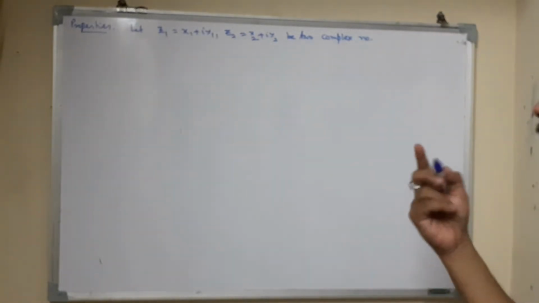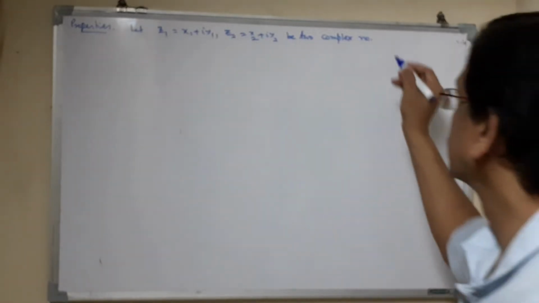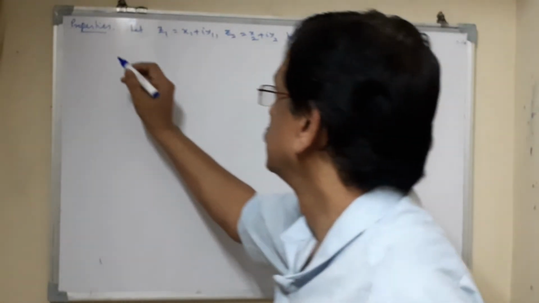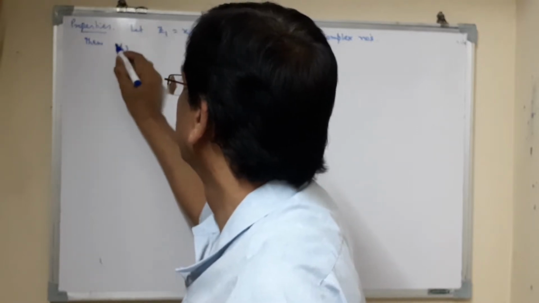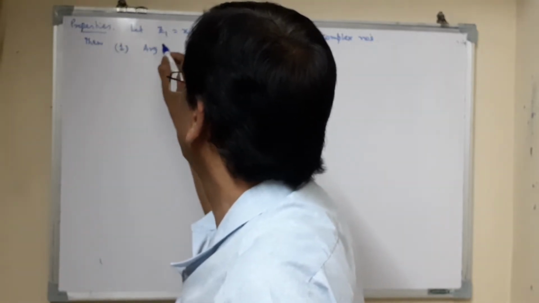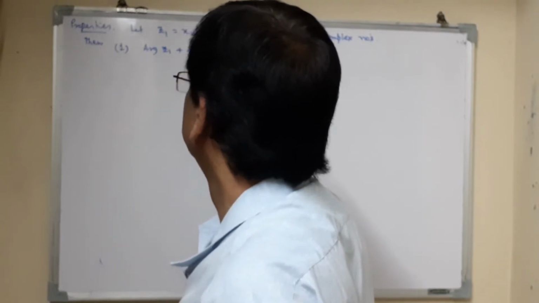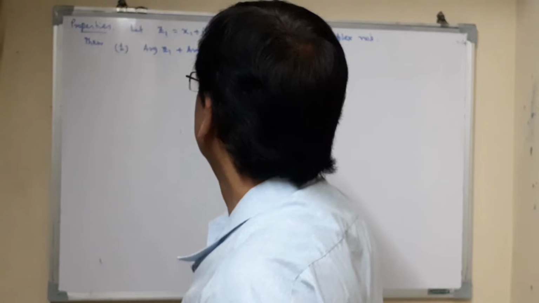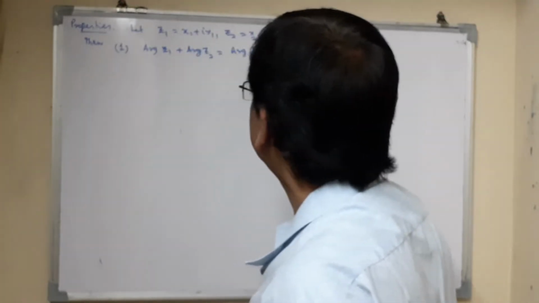Of course, I can write down Z bar also for the complex numbers. Then, 1. Argument of Z1 plus argument of Z2 is equal to argument of Z1 into Z2.